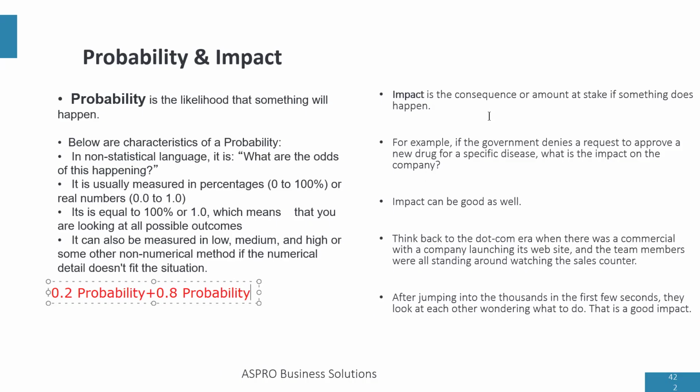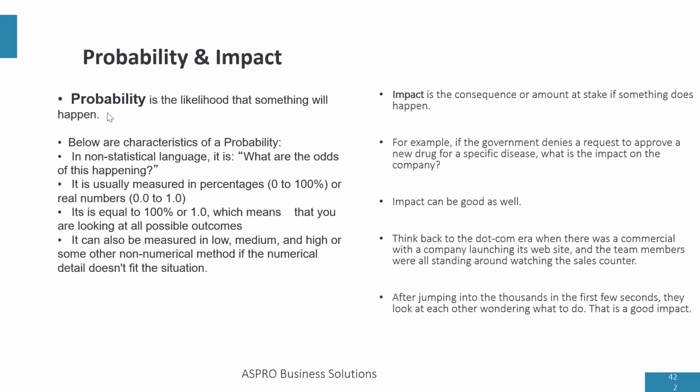And this is how we express it in probability. Now, if you're doing decision tree analysis, this is very important because you're going to need it. And if you're doing decision tree analysis, impact is the consequence or amount if something happens. So take, for example, you have a flat tire. What is the impact of that? The impact is the money it's going to cost you to fix that flat tire. So impact here is numeric, unlike the impact we saw in the risk register that was on a scale of 0 to 1.